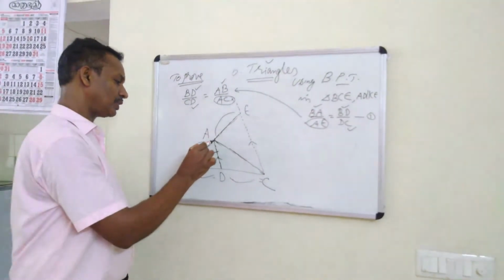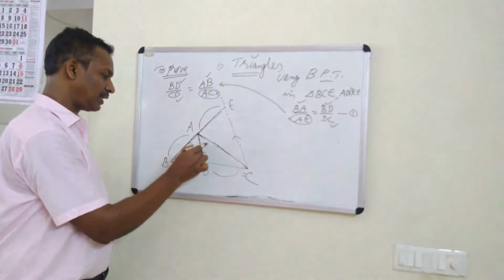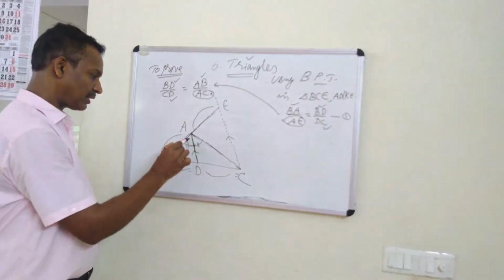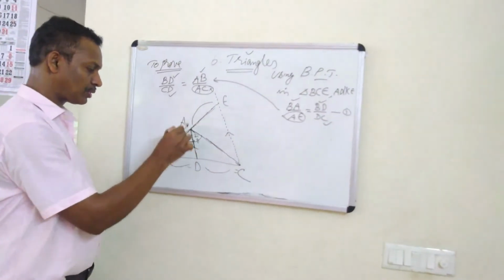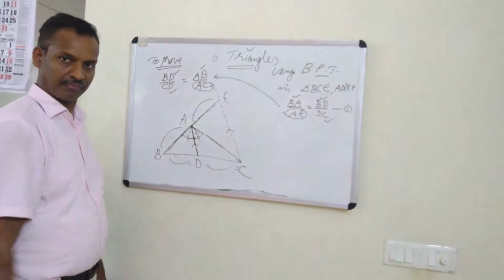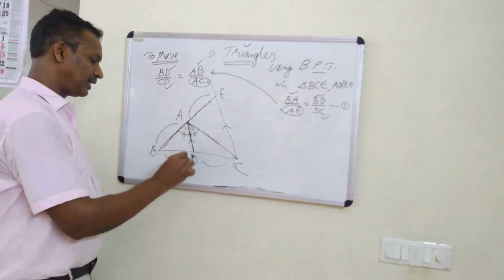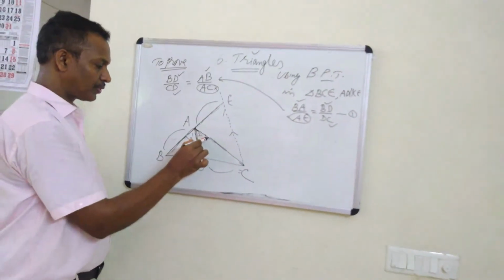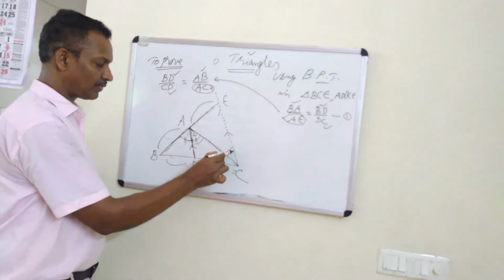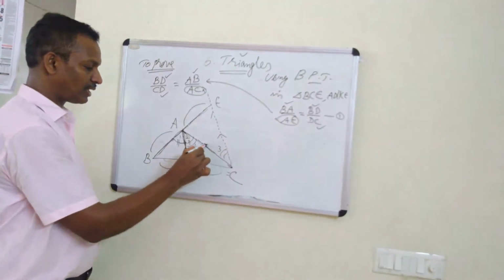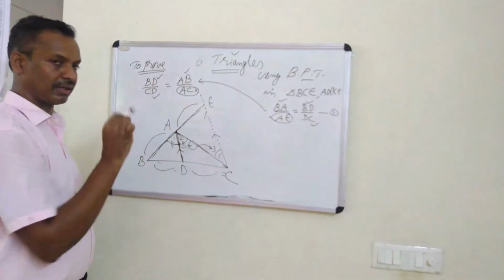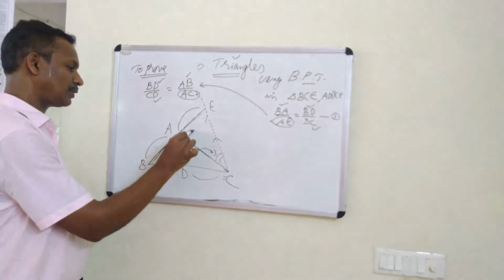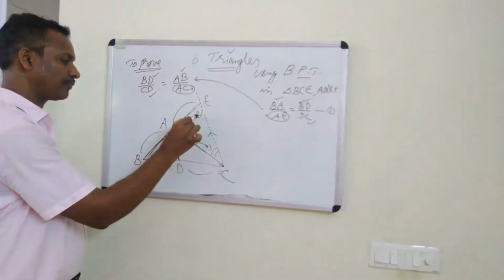We know AD is bisecting angle A, so these two portions are equal.